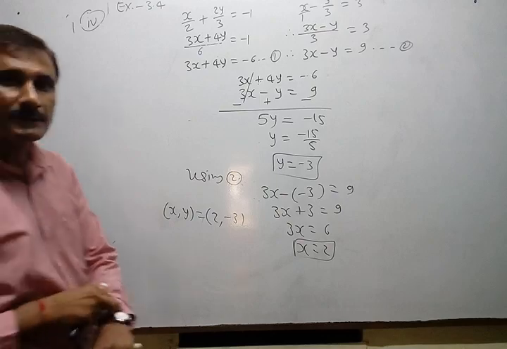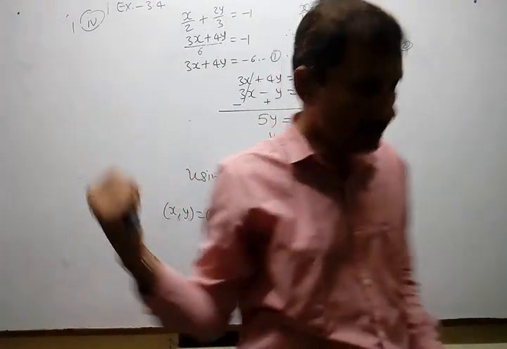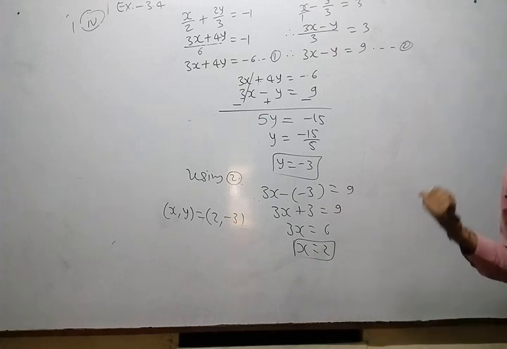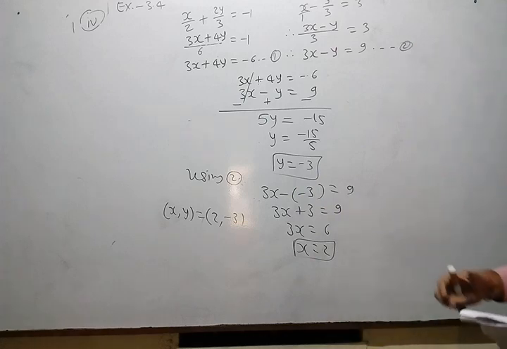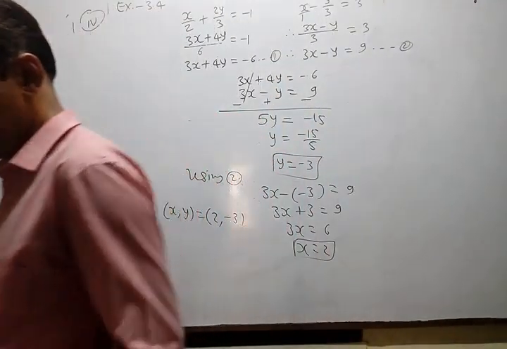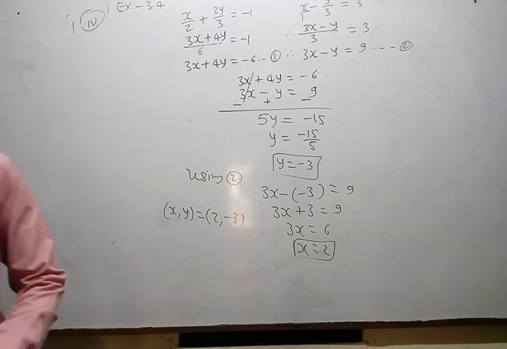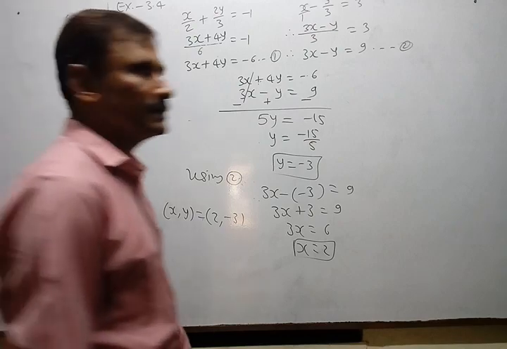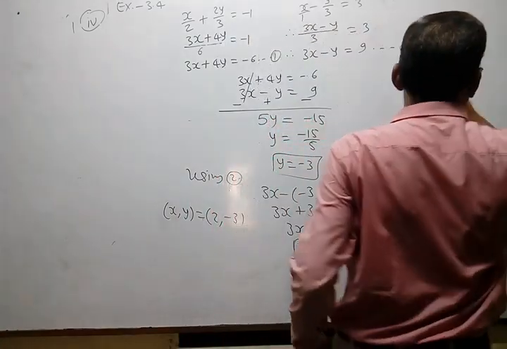So these are the 4 sums. All are solved here by elimination method. Now I just give you a few sums to solve in homework. Okay, we will solve next sums also, but first of all I just give homework.